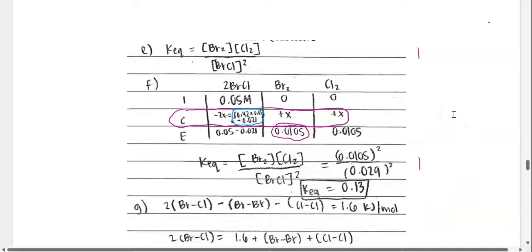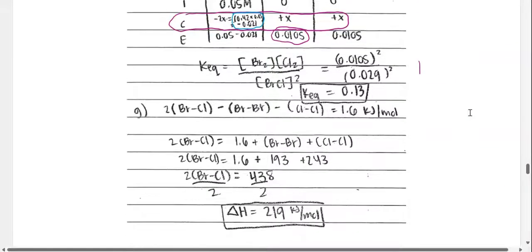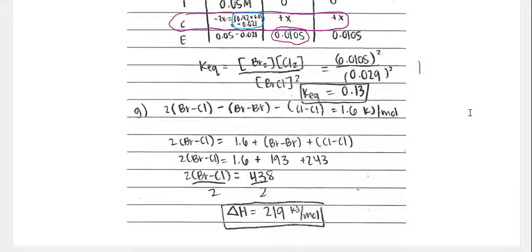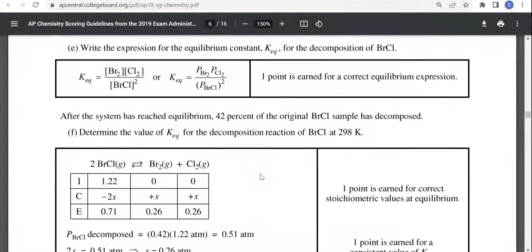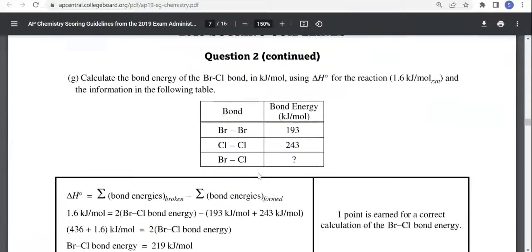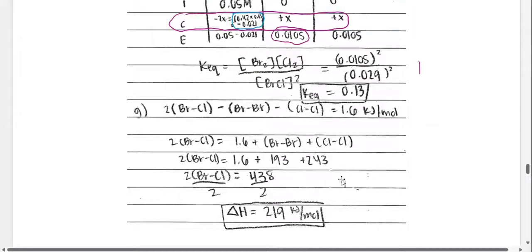Okay, and then lastly, this question about the bond energy of BrCl. Okay, so they're writing it a little differently, but remember, it's just the bond energy broken minus the bond energy formed.